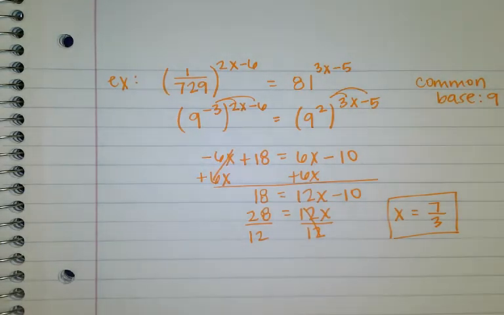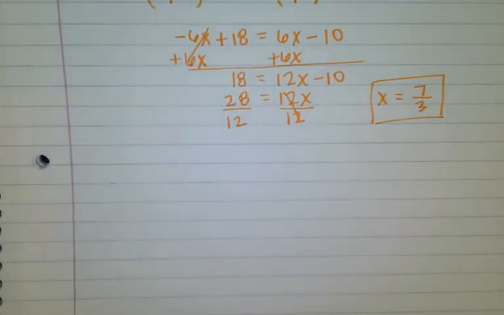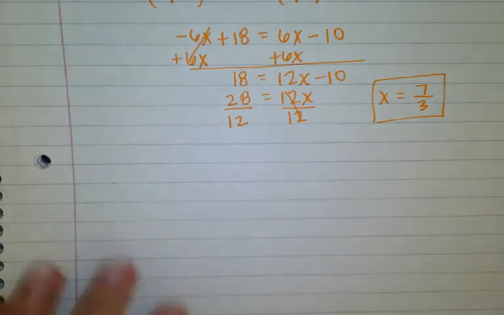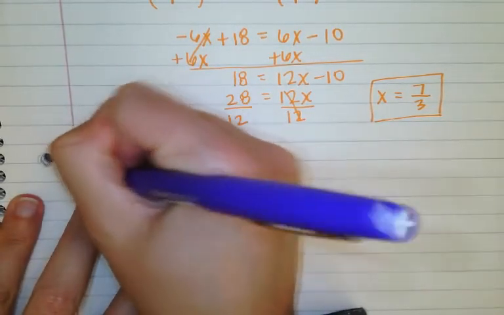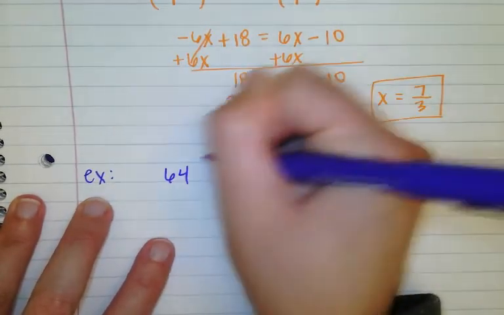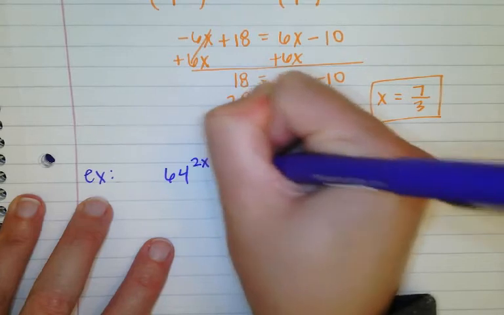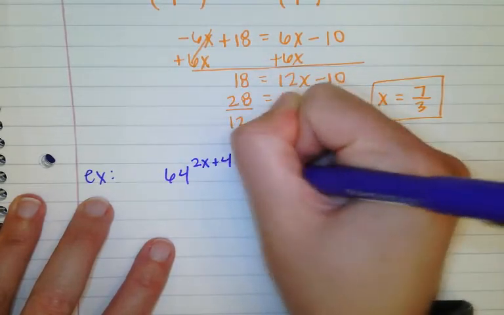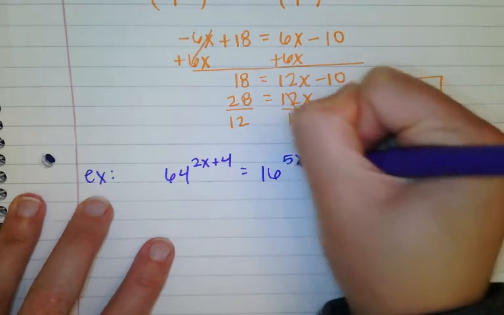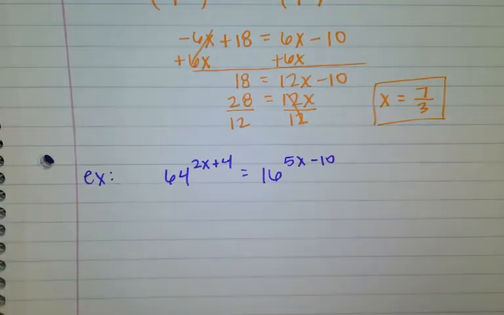Okay, let's do one more. Another one that has a choice of common base, and I'll pick the smaller one this time. So let's do 64 to the 2x plus 4 power equals 16 to 5x minus 10 power.